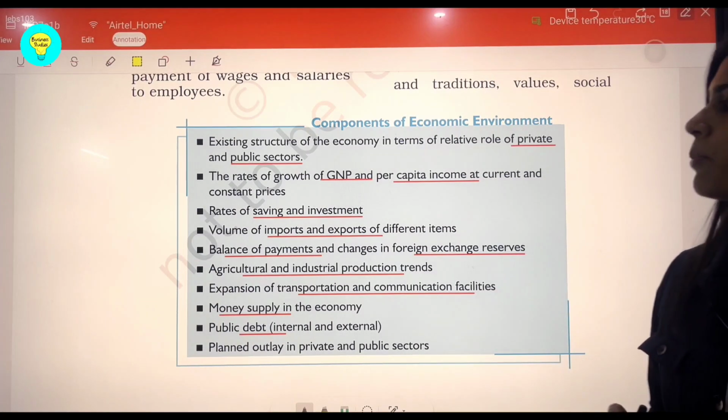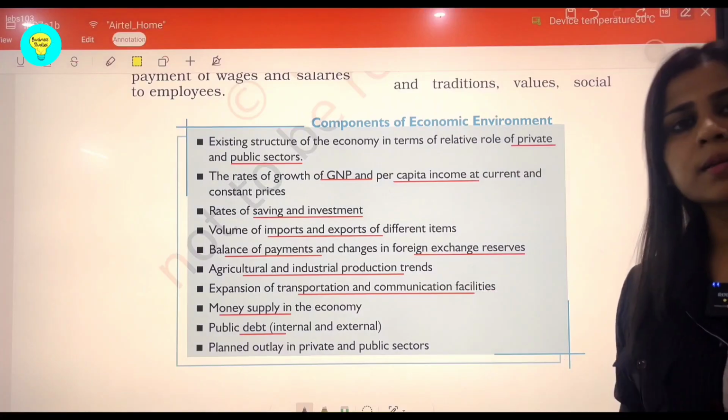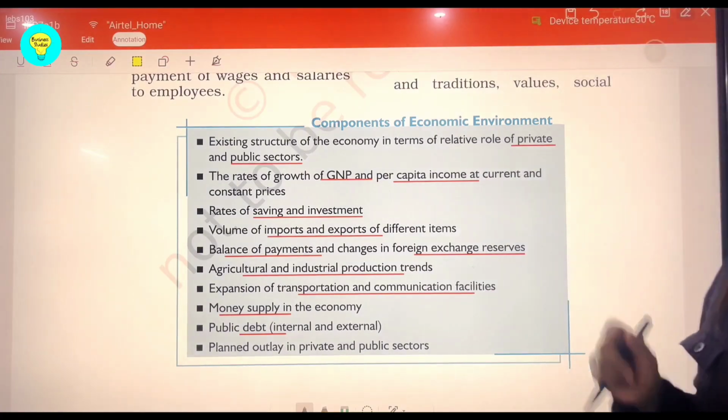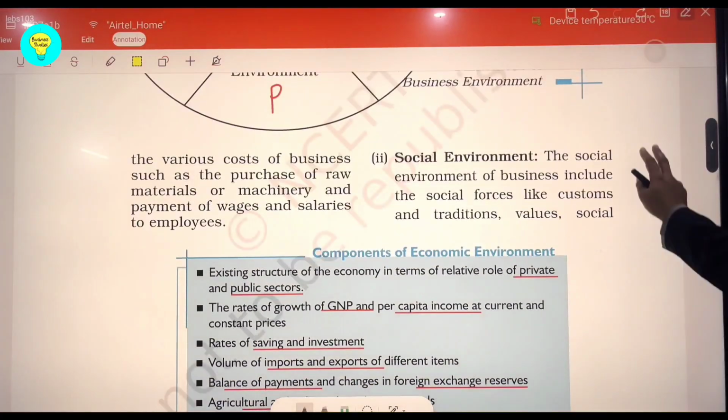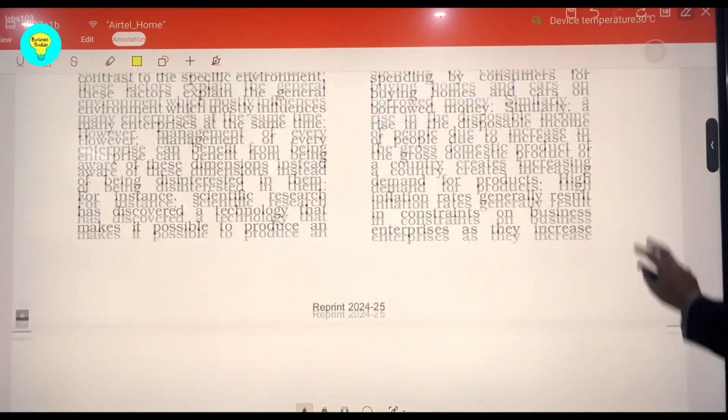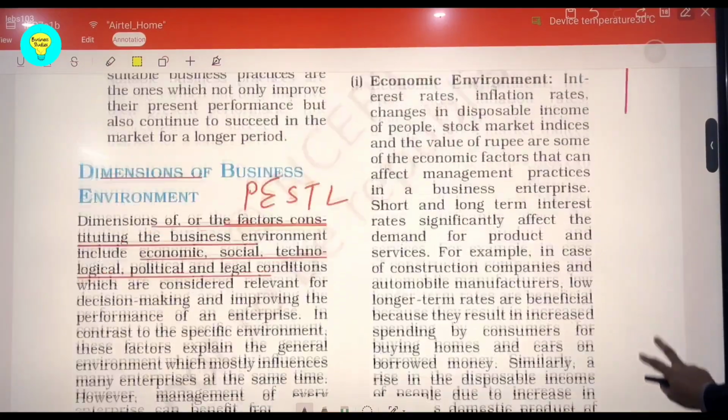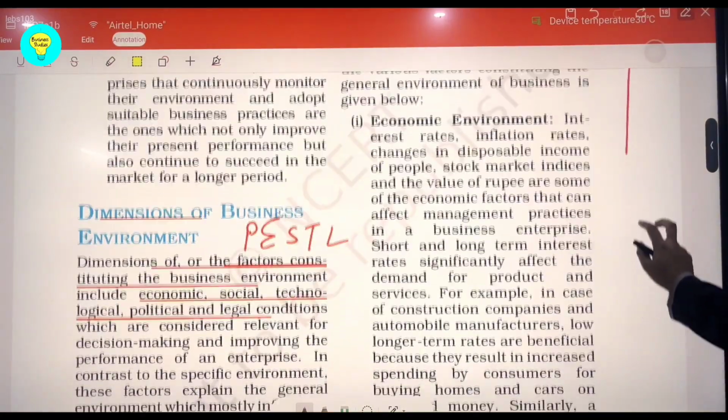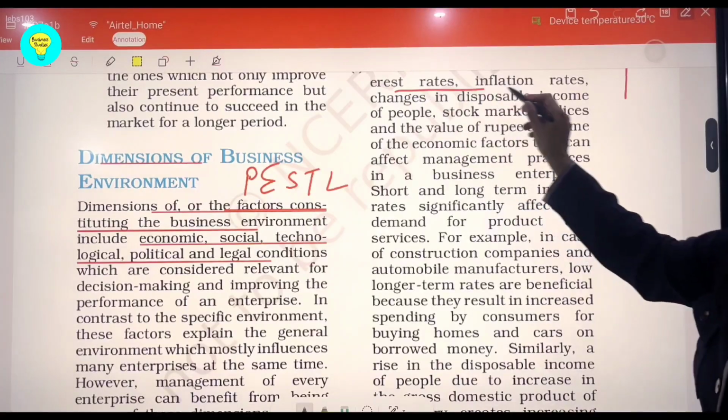So these are the key points. Wherever you see these words in the case studies, you can easily comment that this is none other than the economic environment.